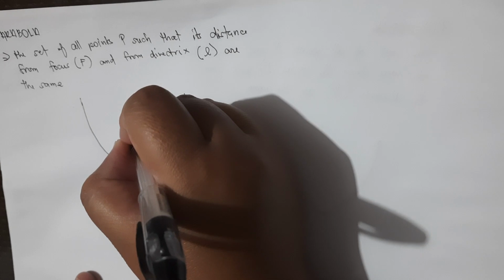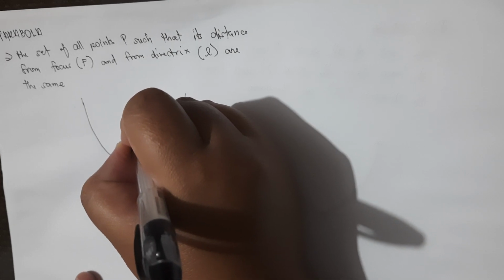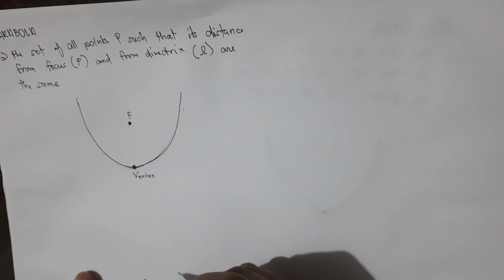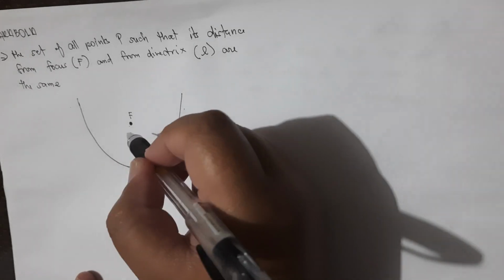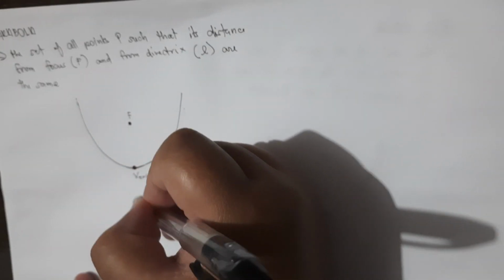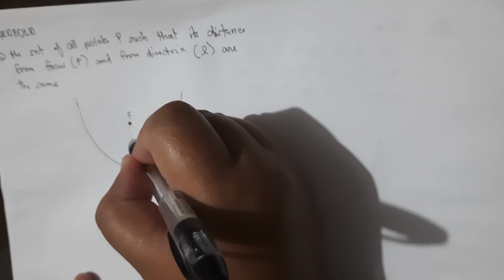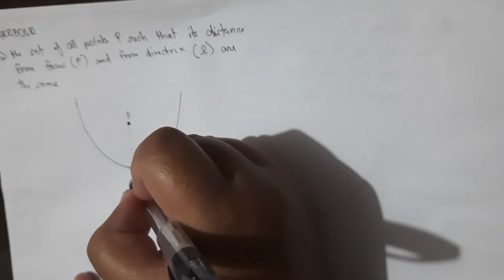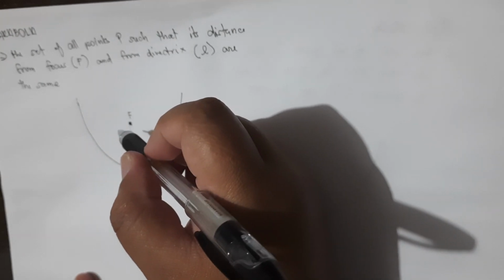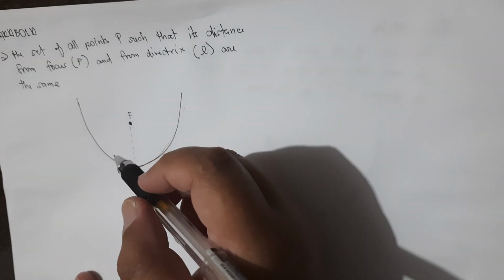Halimbawa, ito yung tinutukoy na focus. And the fixed line. Okay? So when we say halfway, equal in distance sila. So this is now the distance from the vertex to that focus, at yung isa pa, and the fixed line.